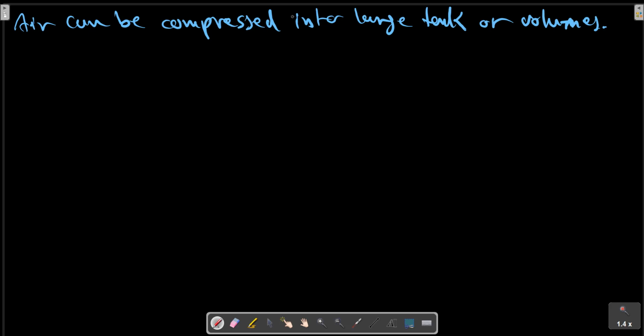The air can be used later in power production when there is a peak demand.